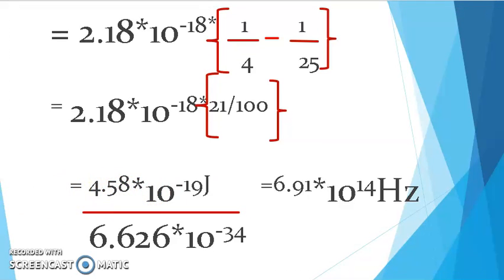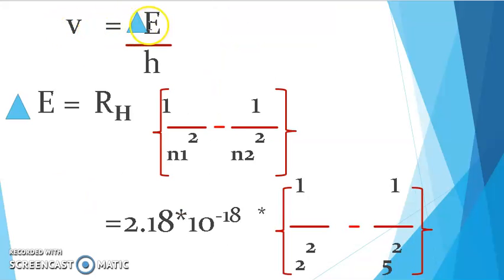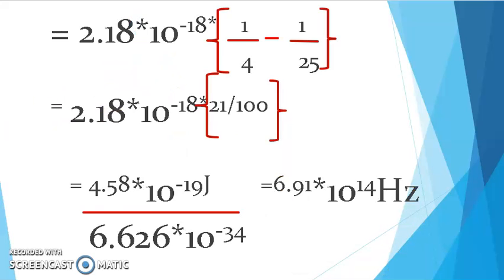So what we have seen in the equation is nu is equal to del E divided by h. So we have to divide by the Planck constant. You know the constant value of the Planck constant, that is 6.626 into 10 power minus 34. If the 10 power minus 34 goes up, it becomes 10 power 34.